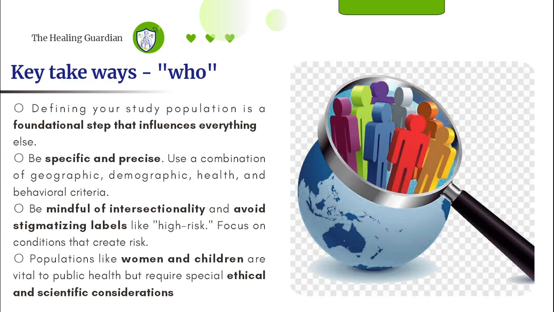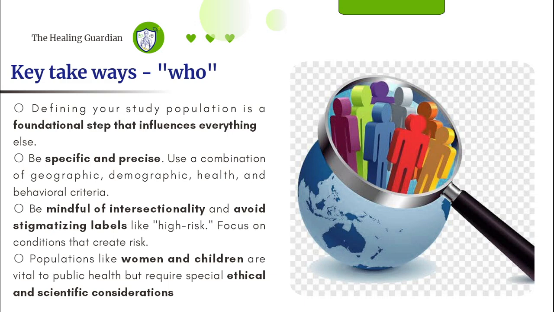You have to be mindful of intersectionality and avoid stigmatizing labels like high risk. You focus on conditions that create risk. If you label sex workers or drug addicts as high risk, it is stigmatizing. And we said you have to be mindful of intersectionality, that many factors are involved in affecting people's outcomes.